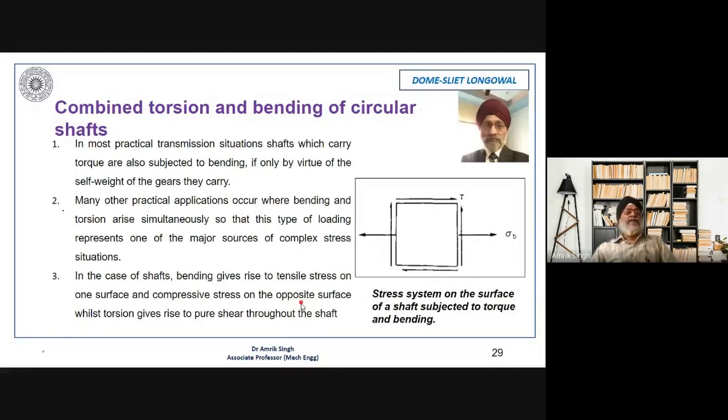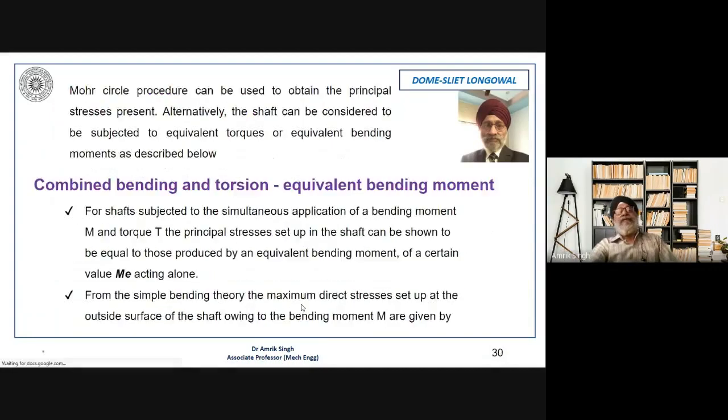Okay, so on one side there will be tension and on the other side there will be compression, because when the shaft is bent, it will go under curvature, and we know from the formula of bending that on one side tension is produced and on the other side compression is produced. Okay, so in that case we have to calculate the total stress. So either the Mohr circle can be used, or we can use the formula and find out what is the equivalent torque which the shaft will carry.